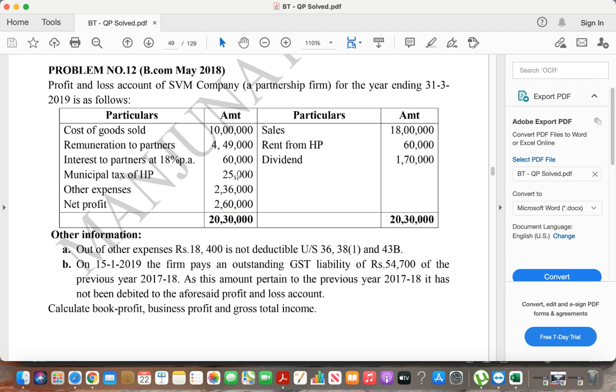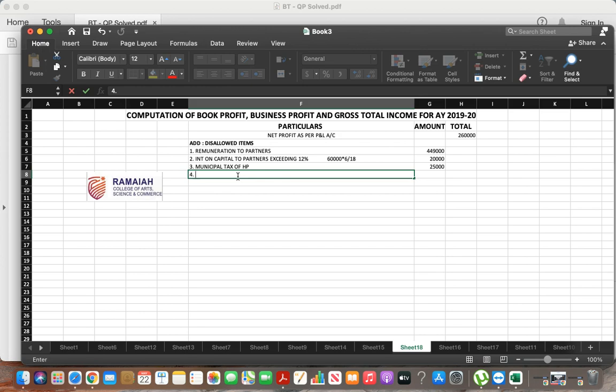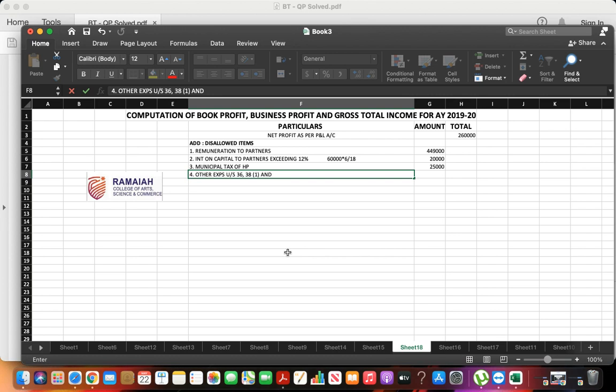Out of the other expenses, rupees 18,400 is not deductible under section 36, 38 of 1 and 43B. So 18,400 is against the income tax rules. Write down other expenses under section 36, 38 of 1 and 43B, that is 18,400.